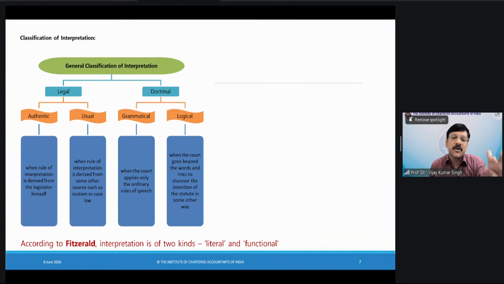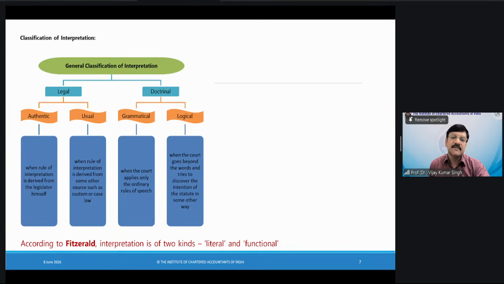The grammatical portion is a situation where the court applies only the ordinary rule of speech. Ordinary rule of speech means what? Whatever is written, you just follow whatever is written. You don't supply any word. Whatever is written, you apply that only. It is called black letter law.